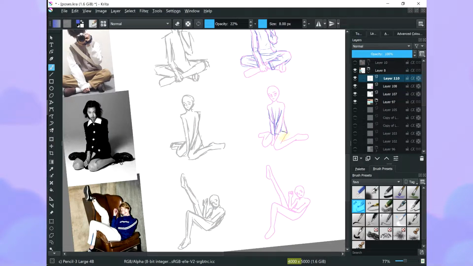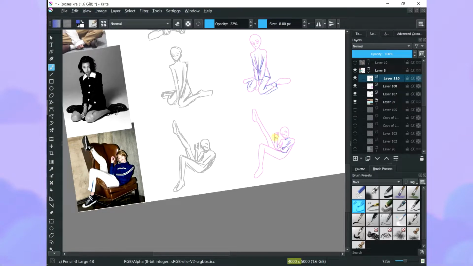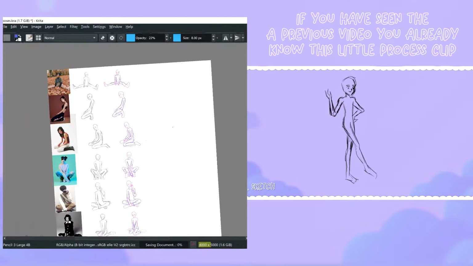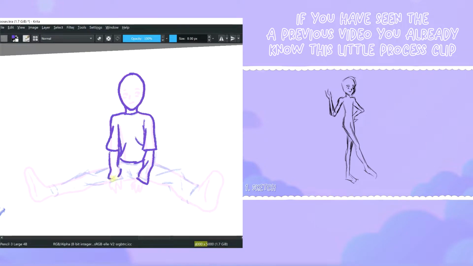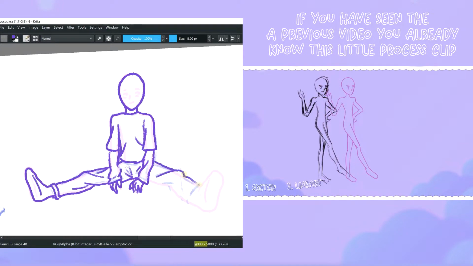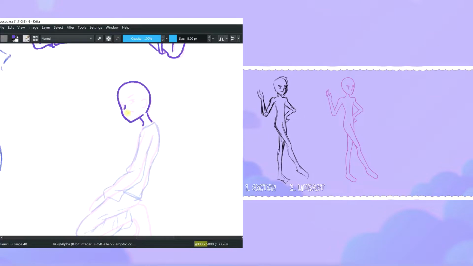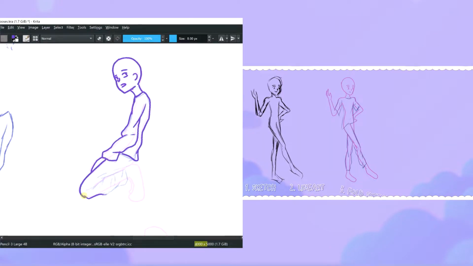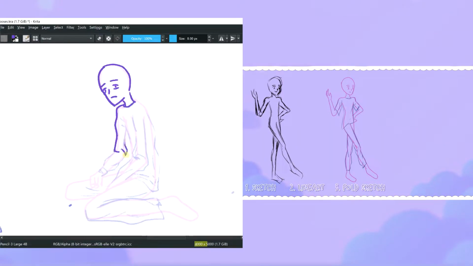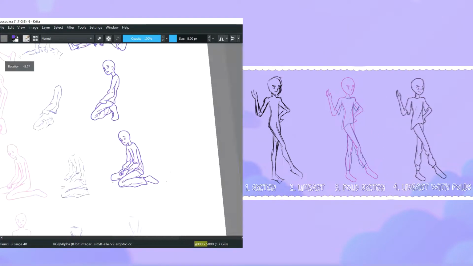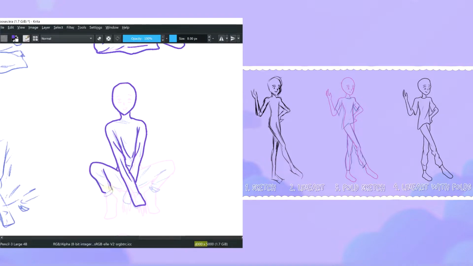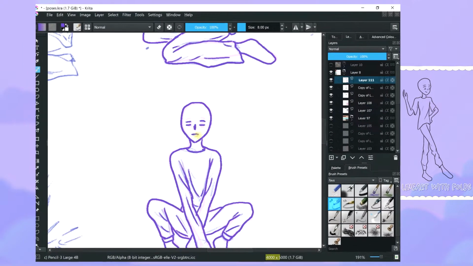And the overall process I went for was to first start with the sketch from the reference, and then I went with the line art from the sketch. Next I did the folds of the clothes, and at last I did the line art with the clothes and the sketch. So I combined them into one line art version, so it looked like almost a little character without any hair.